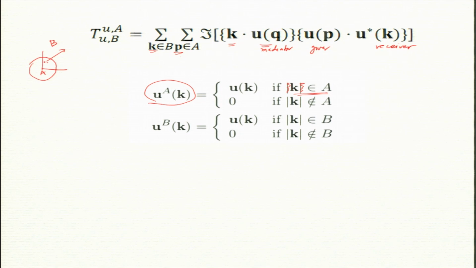So, it is a truncated velocity field. uA is the velocity field of this region.